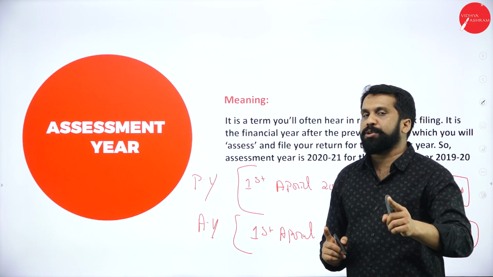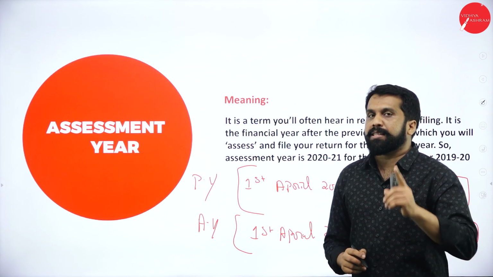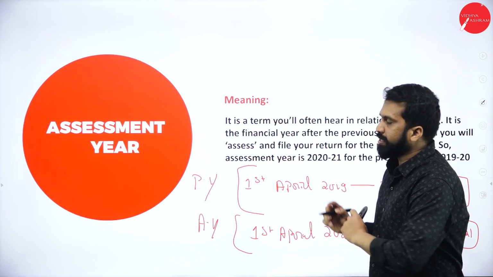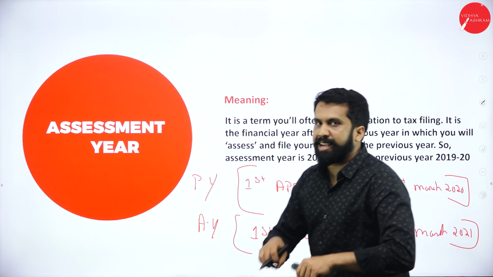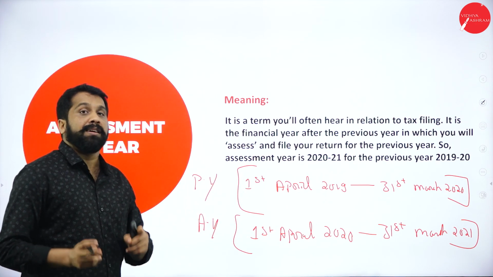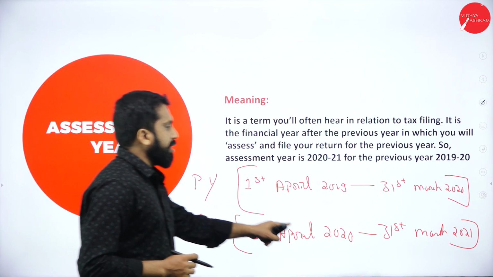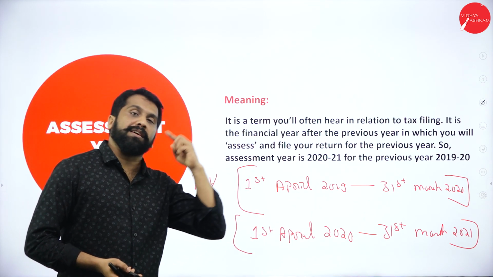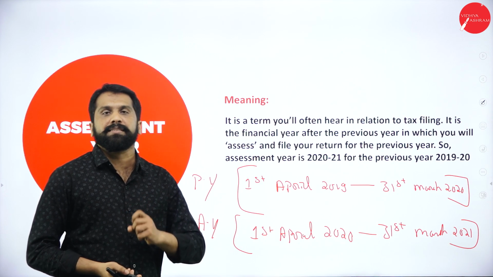If you are a commerce student or tax student, the first question asked will be: what is previous year? What is assessment year? Right now, the previous year is 19 and 20. The assessment year is 20 and 21 because you're paying tax for your last year's income.